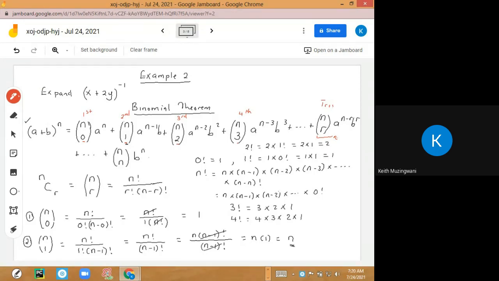Okay? And we also saw that this power is what we subtract from n and give to b. That's the more reason why we subtract the r from n and it becomes the power of b. So how does this help us?